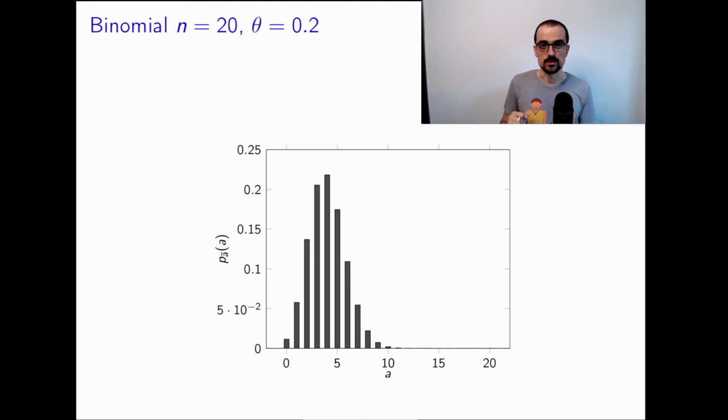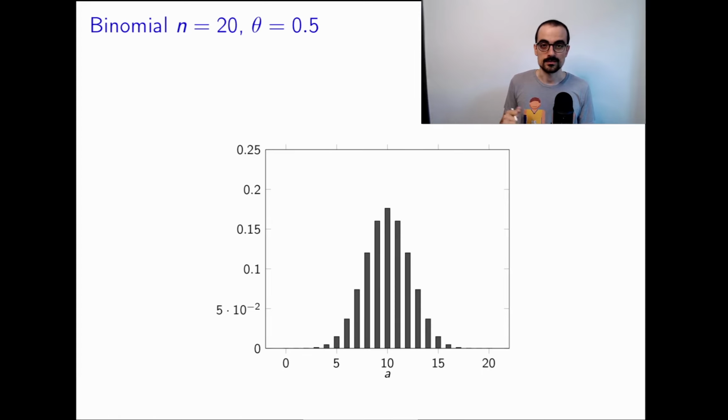This is a binomial with N equals 20 and theta equals 0.2. This is a binomial with N equals 20 and theta equals 0.5.